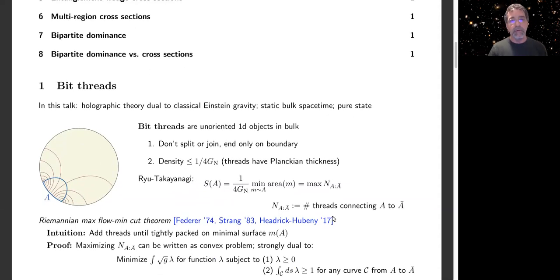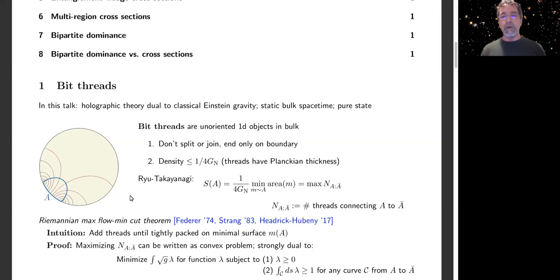minimization convex problem. So the minimization problem is the following one, where now you forget about threads, okay, but there's some function lambda in the bulk, a non-negative function, and you should think of that function as being some kind of obstacle, which creates a barrier between A and A complement.